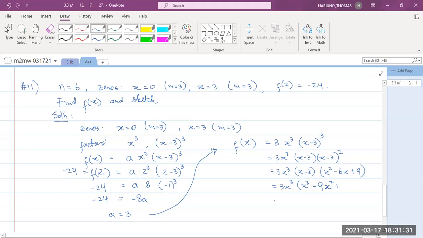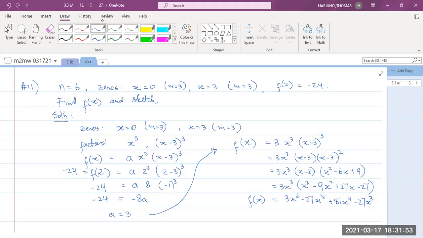So the function f(x) in general form is 3x to the 6 minus 27x to the 5th plus 81x to the 4th minus 27x cubed. No, 81x cubed, I mean. 81x cubed. So I forgot to multiply by 3.